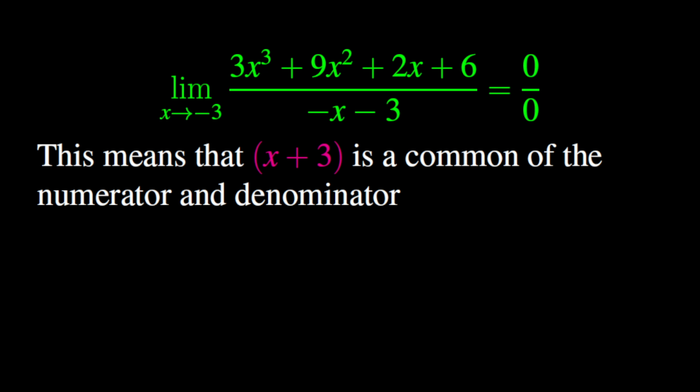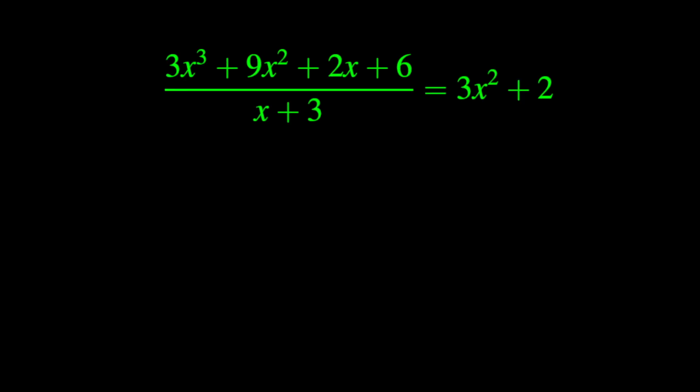This means that we have to factorize the whole fraction in order to simplify the common factor. This occasionally happens when the quantity x plus 3 is a common factor of both the numerator and the denominator. The polynomial 3x cubed plus 9x squared plus 2x plus 6 is divisible by x plus 3, since they have a common root, -3.